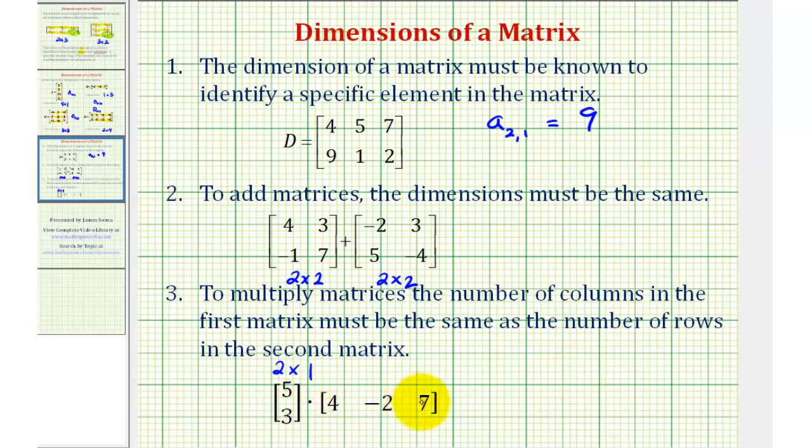The second matrix has 1 row and 3 columns, so it's a 1 by 3 matrix. And so we can only multiply these matrices if this number, the number of columns in the first matrix, and this number, the number of rows in the second matrix, are the same. And since they are, we can perform this multiplication. If they weren't, we couldn't.